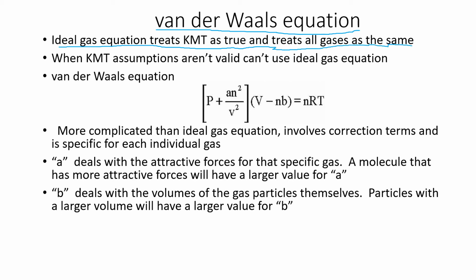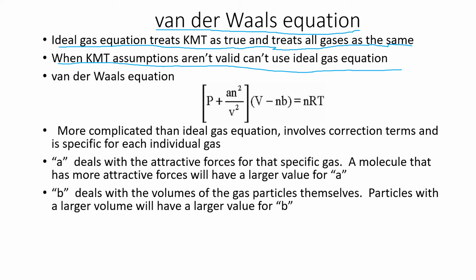Remember when we did the calculations, it didn't matter what gas particle we had, whether it was CO2, H2S, or H2. It just didn't matter because we didn't have to worry about the size of the particles, we didn't have to worry about attractive forces, everything was identical. But when the kinetic molecular theory assumptions aren't valid, we can't use the ideal gas equation.